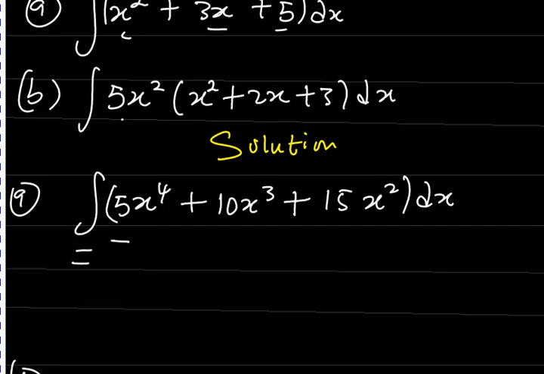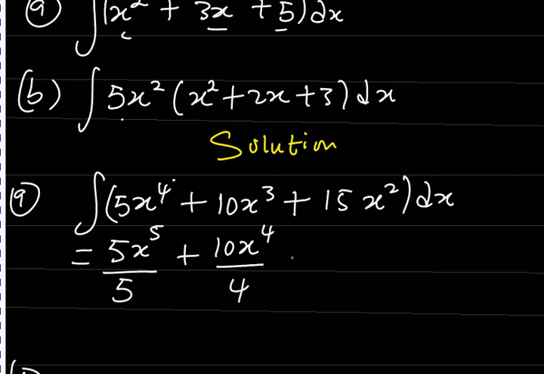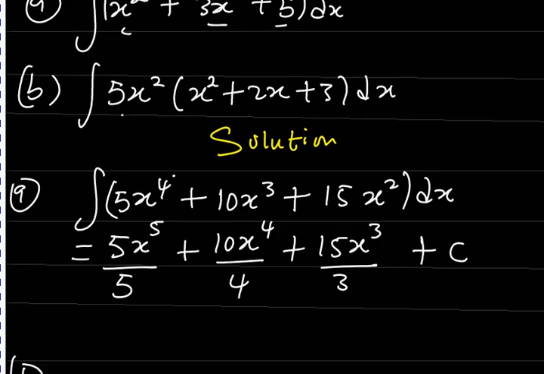Let's work on this. Of course, this is 5x raised to the power of 5. Add 1 to this, then divide by 5. The same thing happens here. Add 1 to the 3: 10x raised to the power 4, divide by 4. 15x raised to the power 3, divide by 3. Plus my constant of integration.